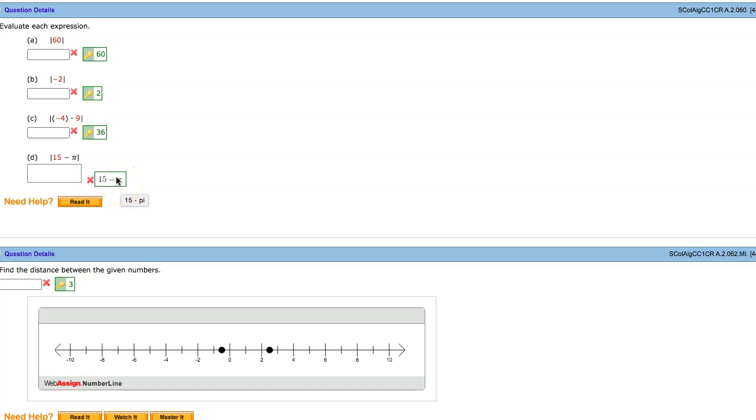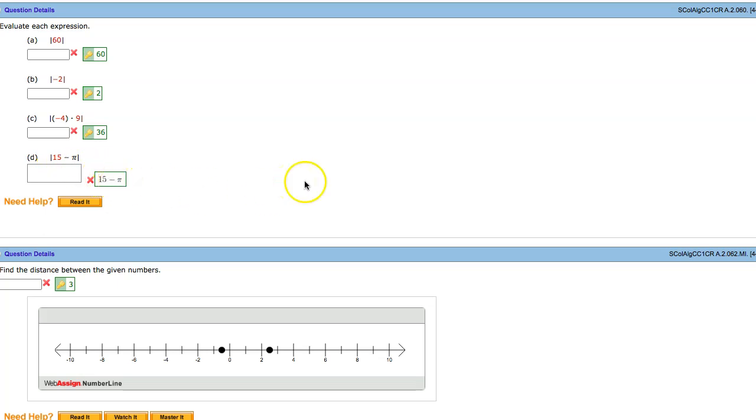Now, if it's absolute value of 1 minus pi, it would turn into pi minus 1, right? Pi would go here, 1 would go here, pi minus 1. But 15 is big enough, it's bigger than pi, so it just stays as it is. Absolute value of 15 minus pi is 15 minus pi.